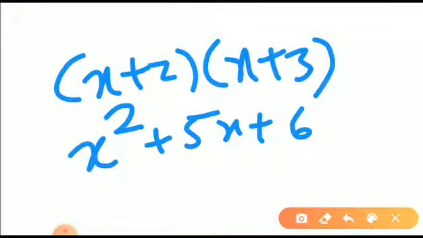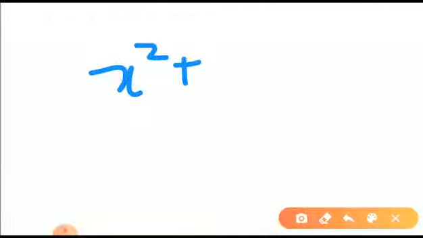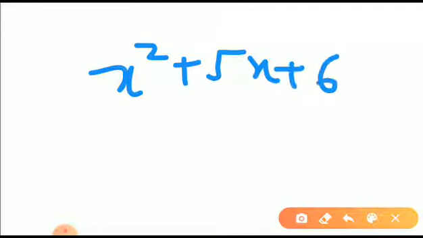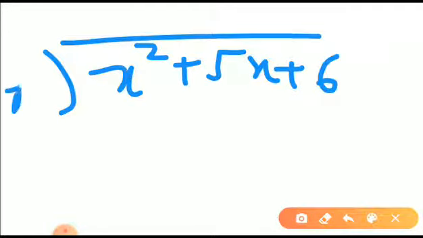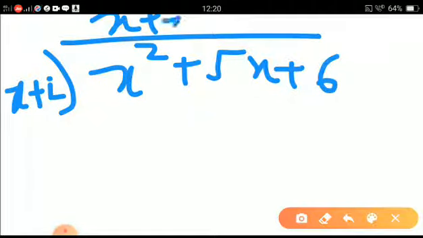That means this polynomial x square plus 5x plus 6, if I divide it by x plus 2, x equal to minus 2 is the 0 of this polynomial. So will I get the remainder as 0 itself? Yes. And my quotient I'll be getting as x plus 3.